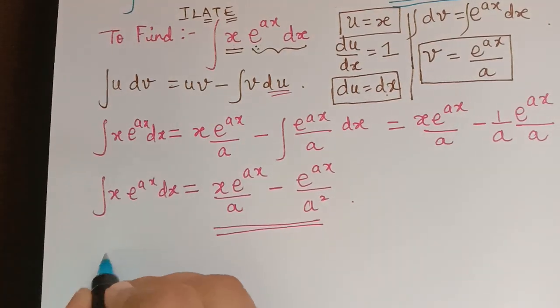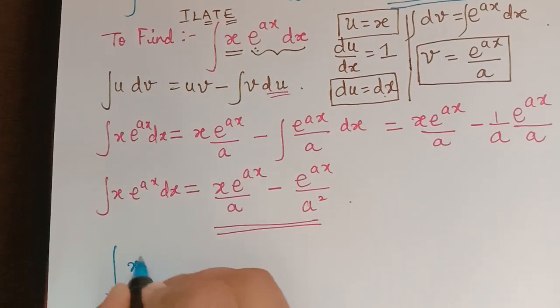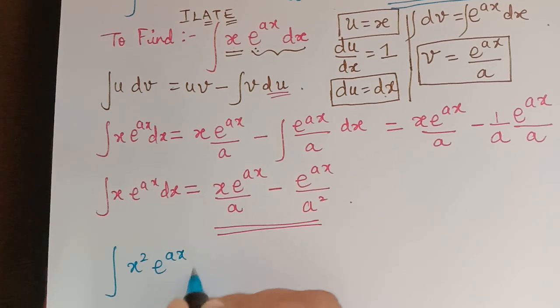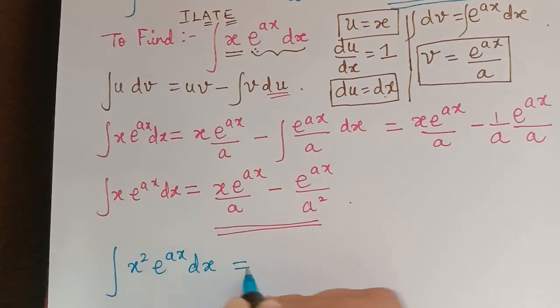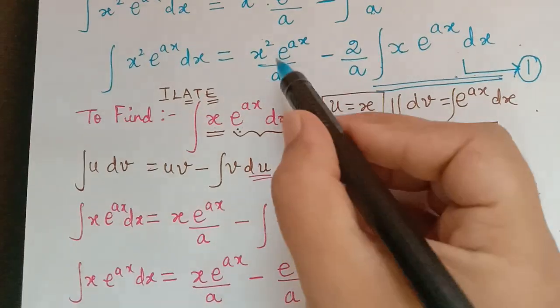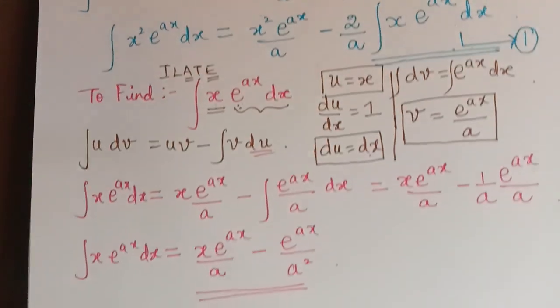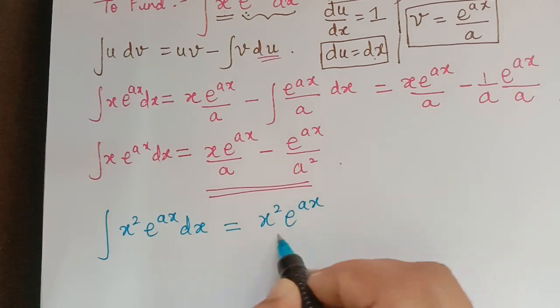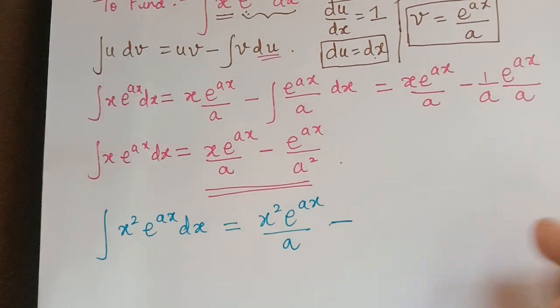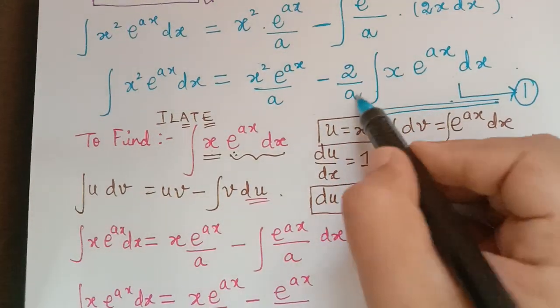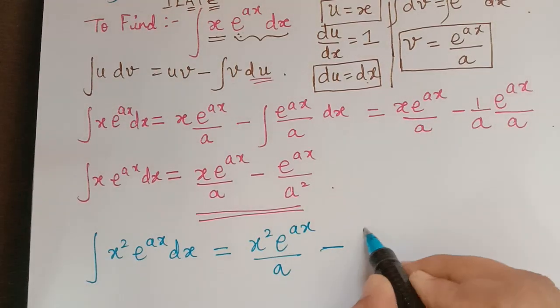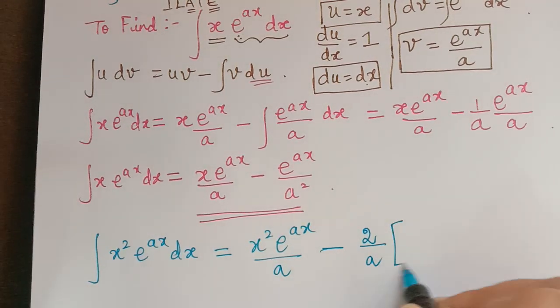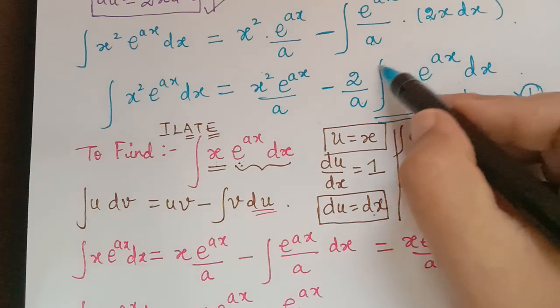So therefore integral x square e power ax dx is equal to x square e power ax divided by a minus 2 by a multiplied with this integral value.